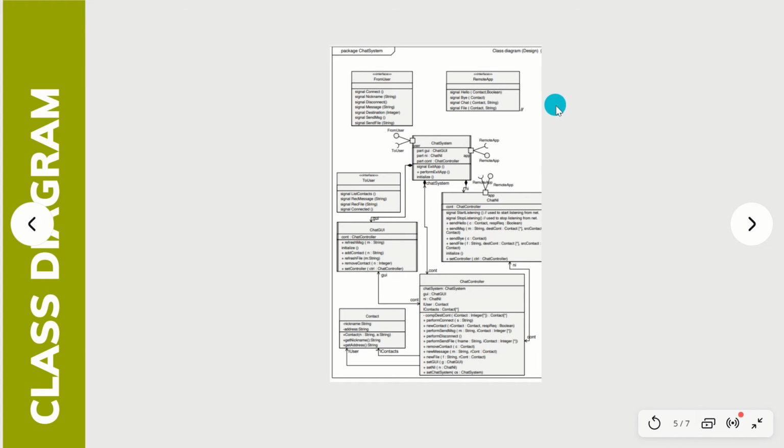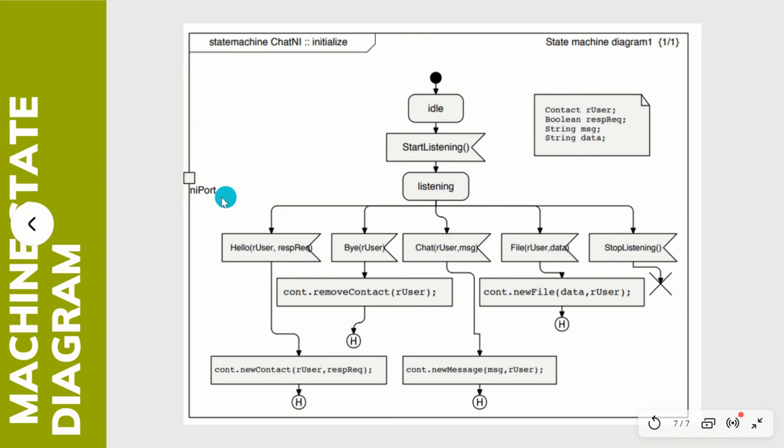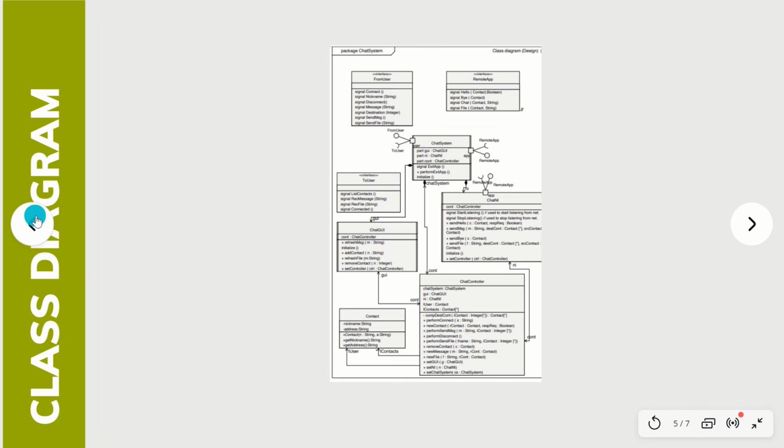The remote app sends a signal file, as we saw earlier, with a contact and a string, and to user sends a file, and sends a signal reg file, as we can see here.